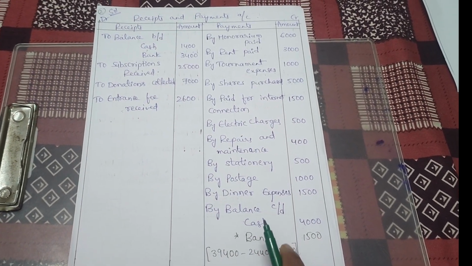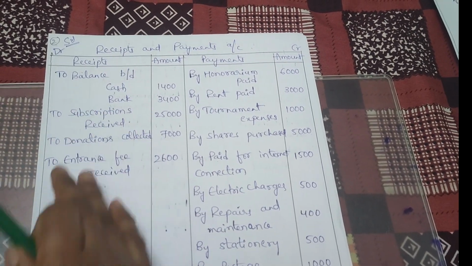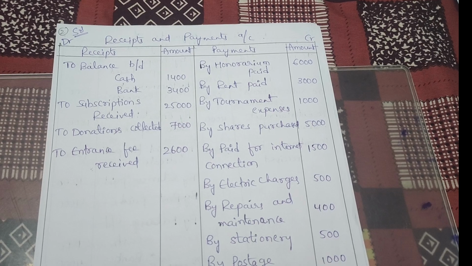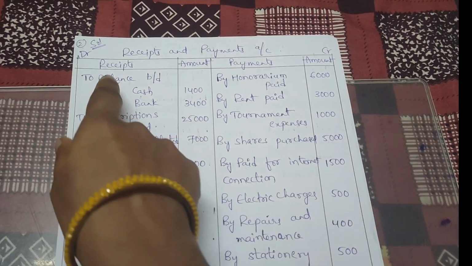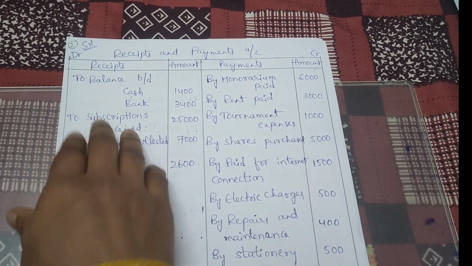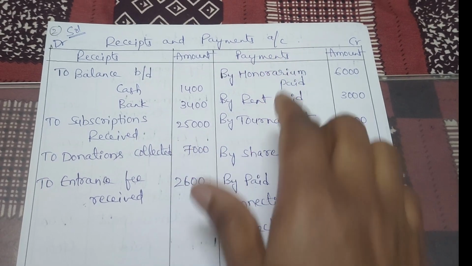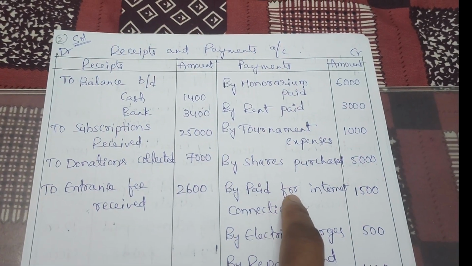And what items are we going to write on the debit side? Remaining all items related to receipts. If anything is received, we write on the debit side. If any payments are there, if the business is paying anything, we write on the credit side.